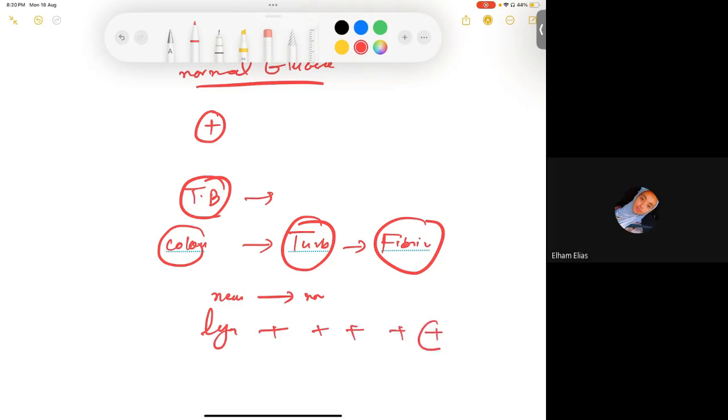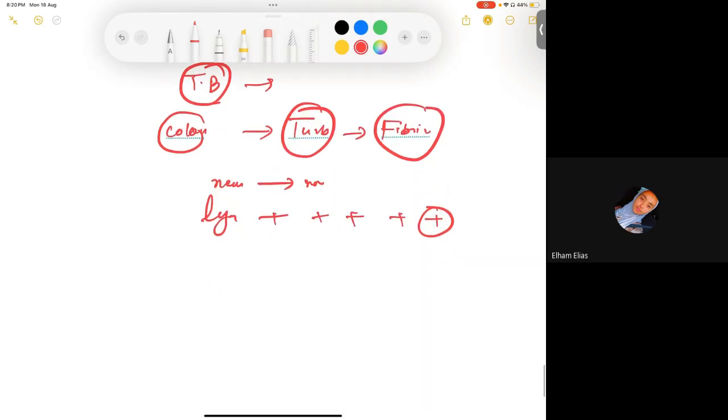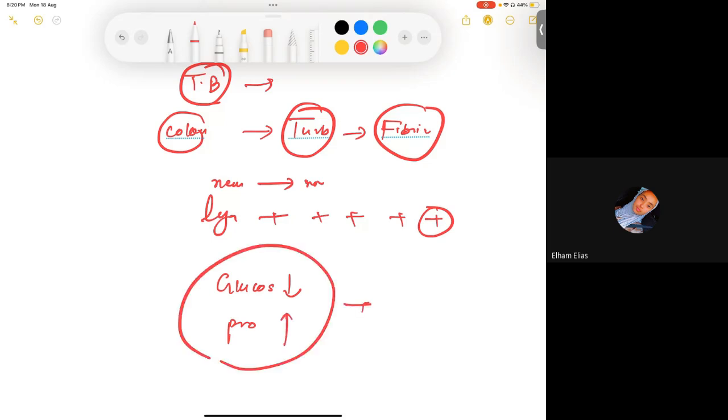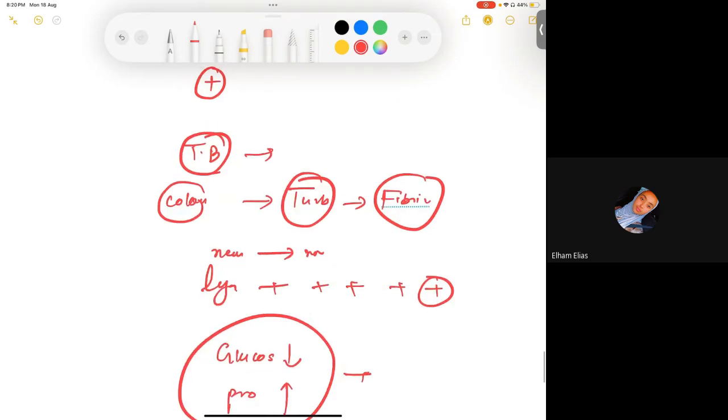Is it clear? And again, the TB is going to eat your glucose, so the glucose concentration is going to be less, while the protein concentration is going to be more. So this is the same as bacterial meningitis, but the difference is in the lymphocytes. We are going to have a lymphocyte response with TB meningitis. Is it clear?